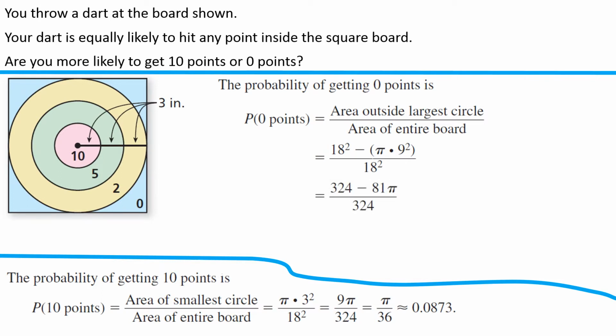So, again, I'm looking at this really bizarre 324 minus 81 pi. I don't know, is that more than 9 pi? Is that less than 9 pi? I don't know. So, hey, yeah, let's convert this to a decimal.